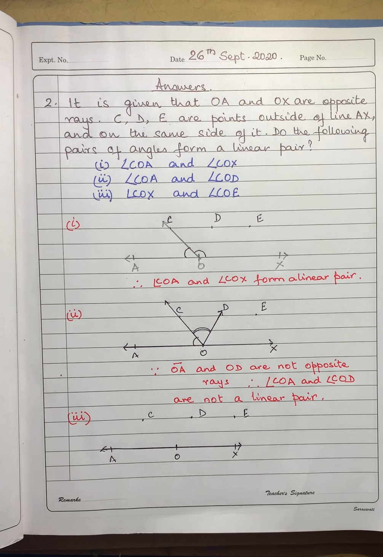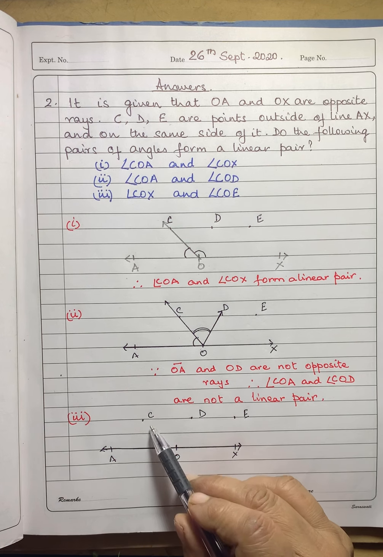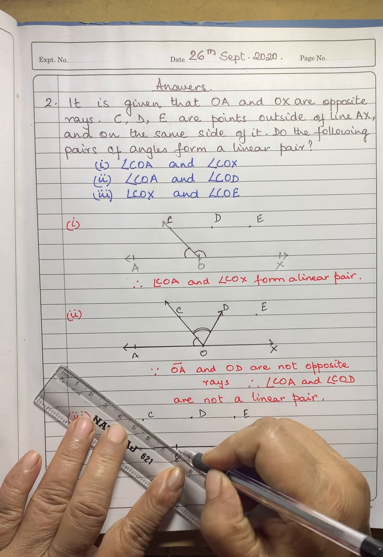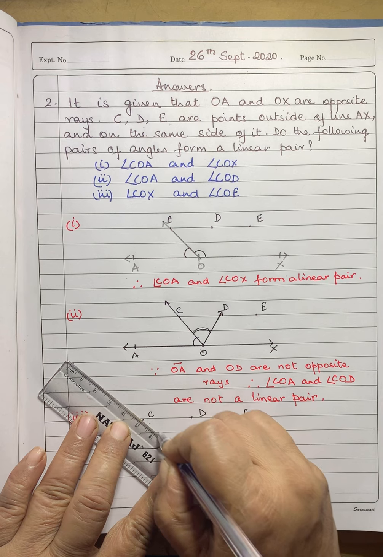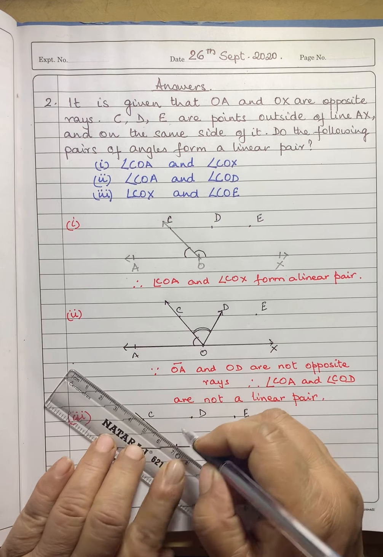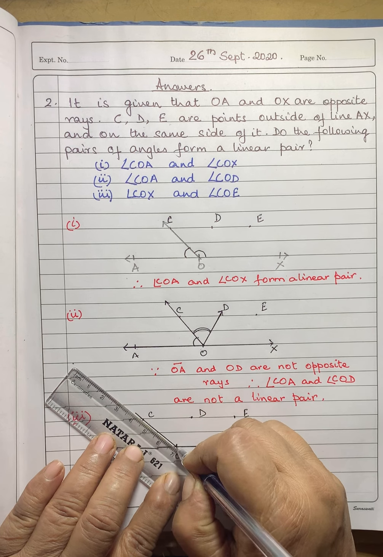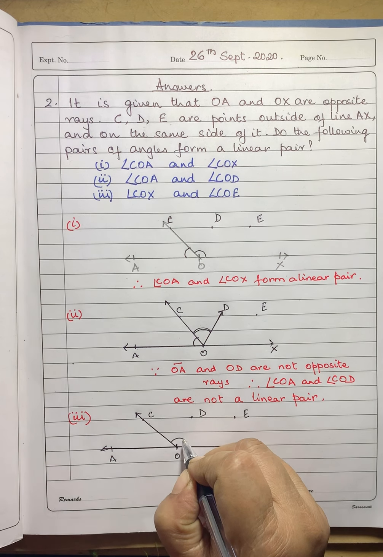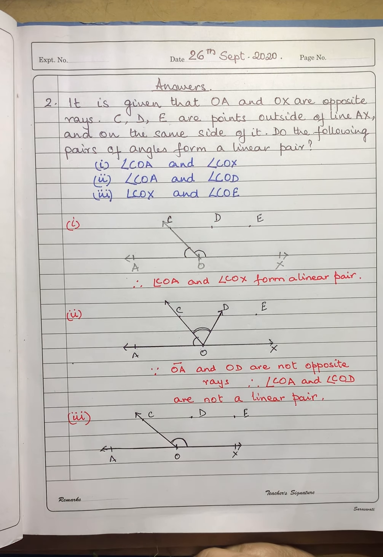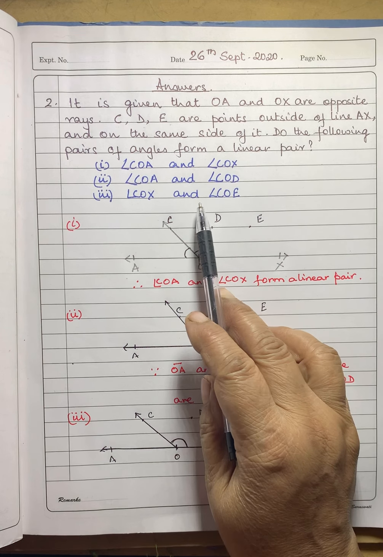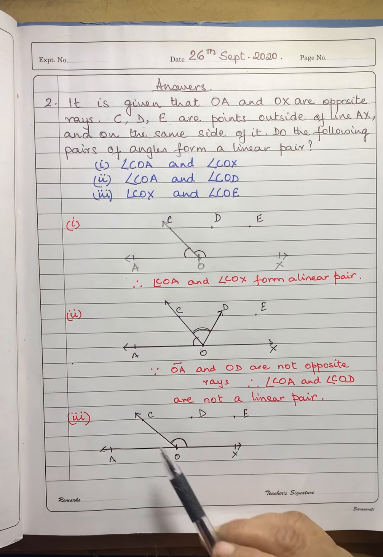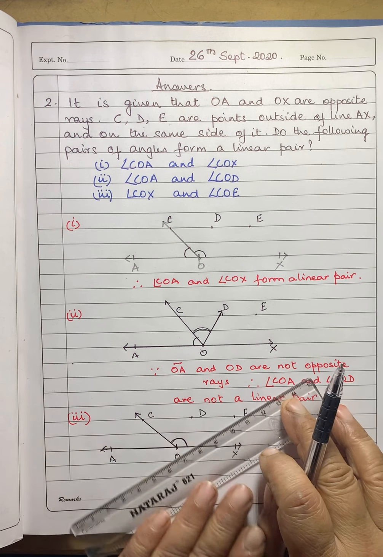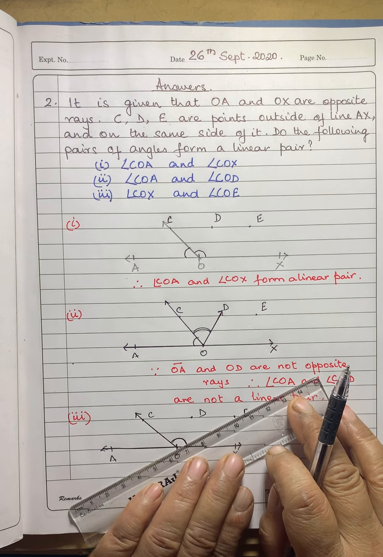Now we are going to take angle COX. That means I have to join these two. This is my angle COX. And angle COE. COE is this one. So let's join these two lines.